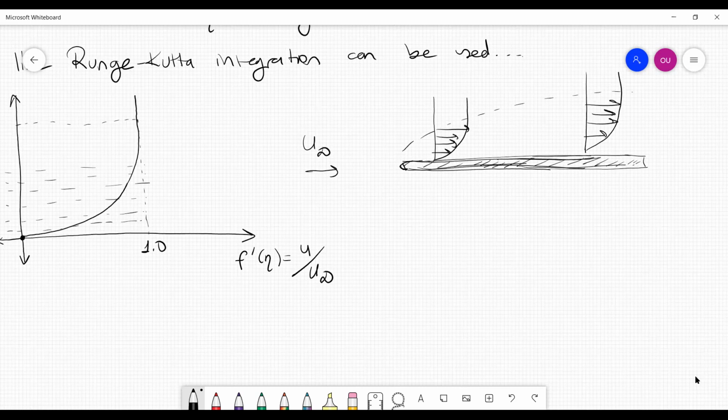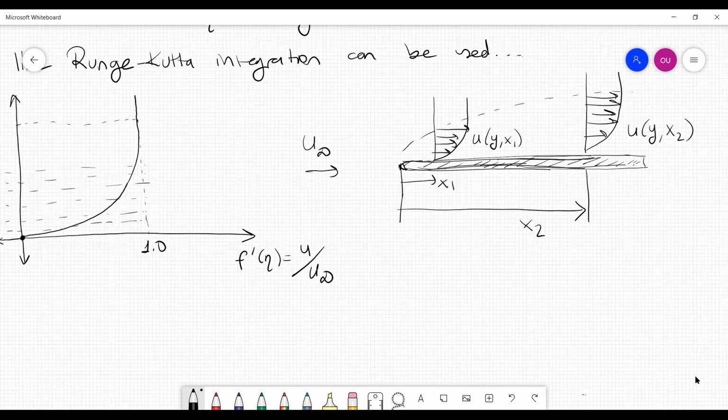Normally if you go to the wind tunnel, put this flat plate and measure these velocity profiles at different locations, let's say this one is x1 away from the leading edge, and this one is x2 away from the leading edge, you would obtain a velocity variation at the x1 location, so velocity will change with y. At the x2 location, you will have probably a slightly different variation with y.